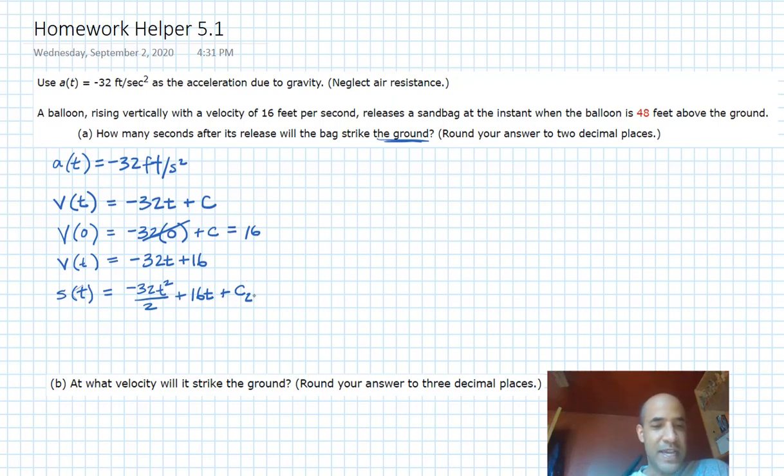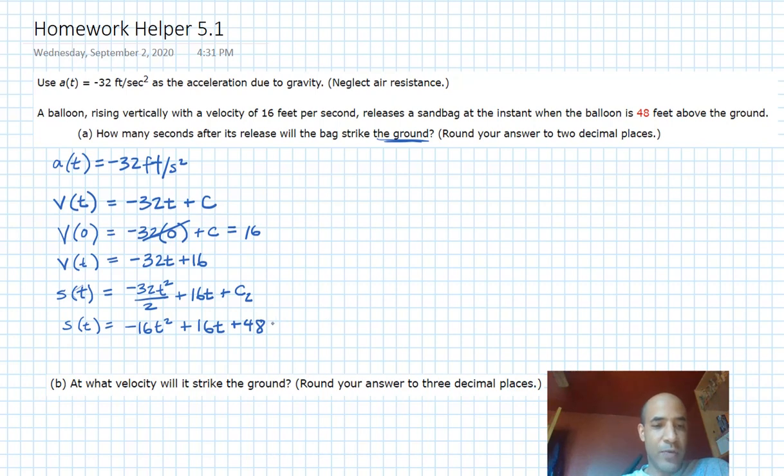So C2 is going to be 48, or the initial position. So just simplifying all that a little bit, I've got S of t equals, I'm just going to write this as negative 16 t squared plus 16t plus 48, okay?